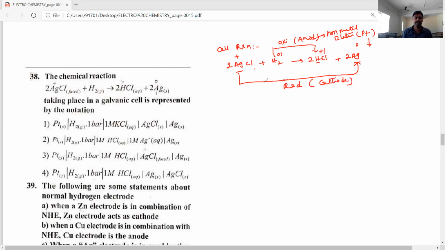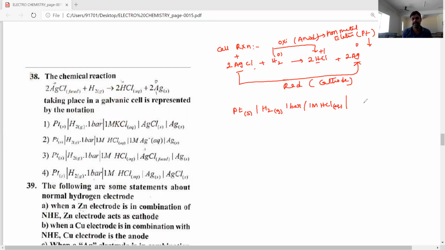So the cell representation is platinum solid | H2 gas, its pressure 1 atmospheric pressure or 1 bar, in presence of 1 molar HCl aqueous solution, then a single vertical line.